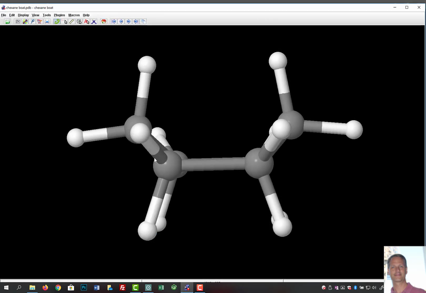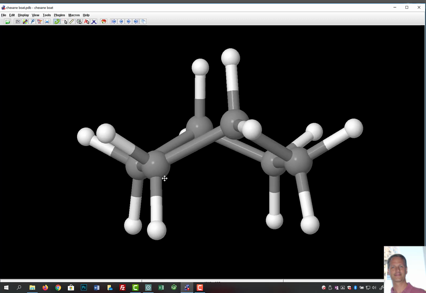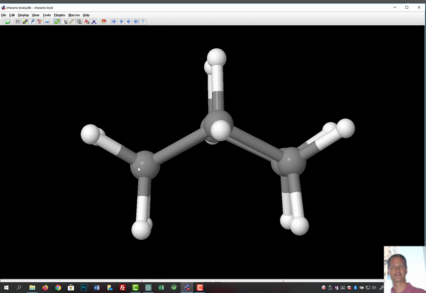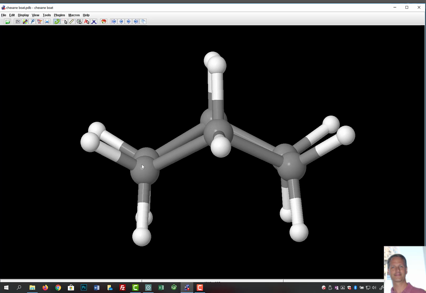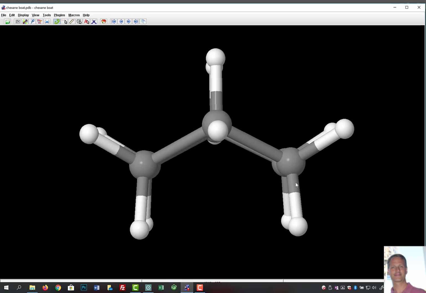Now here is our boat. You can see we took both ends and pointed them up, and that puts these H atoms pointing up right now. As we look down this carbon and this carbon, down those bonds, you can see that we are eclipsed there. The H's off of the carbon in the front and the back are eclipsed with each other, and the H's on this side are also eclipsed with each other.